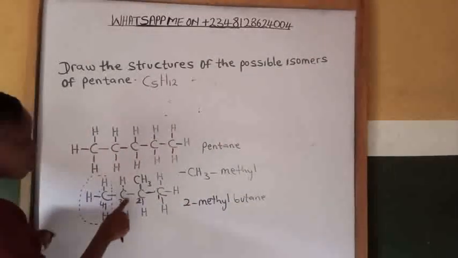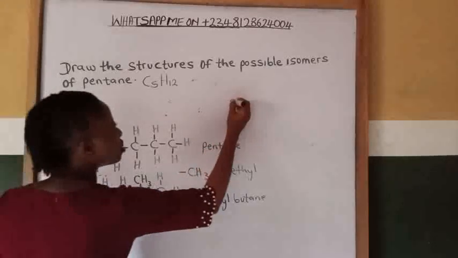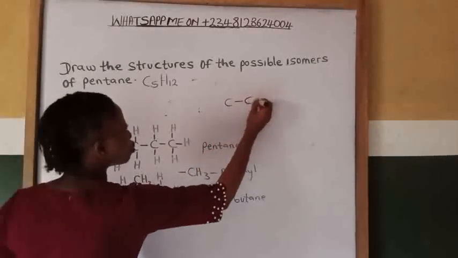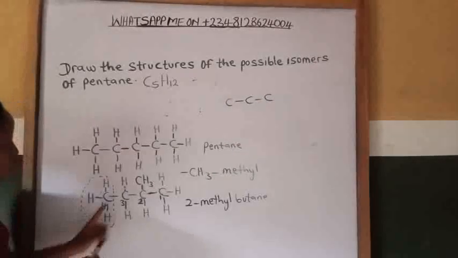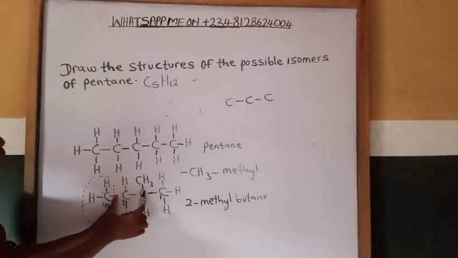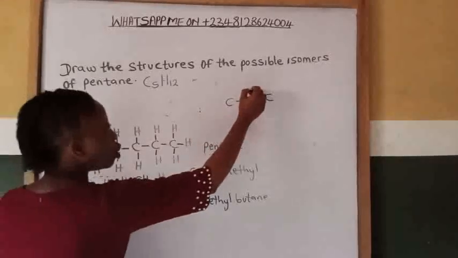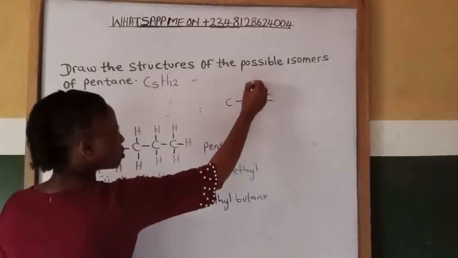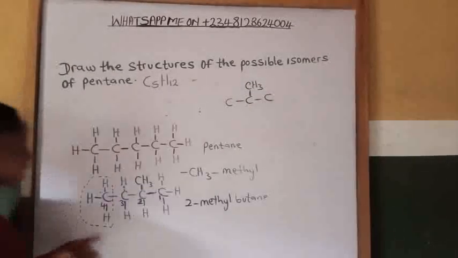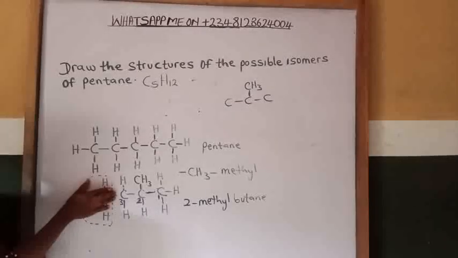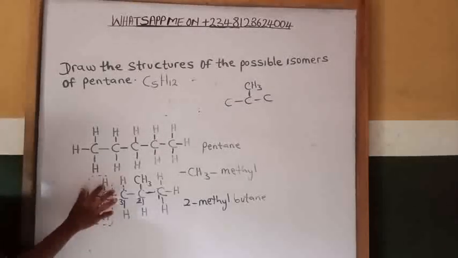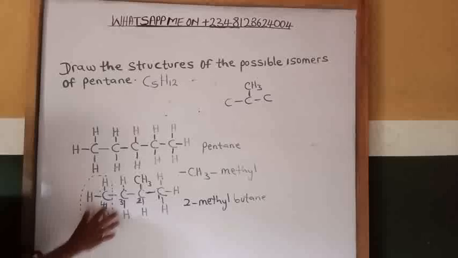So the next one, 1, 2, 3. So 3 carbon atoms now. On this carbon atom at the middle, we have this CH3 there already. So place your CH3. Then you have removed this CH3 now, the carbon atom with the hydrogen atoms that surrounded it.